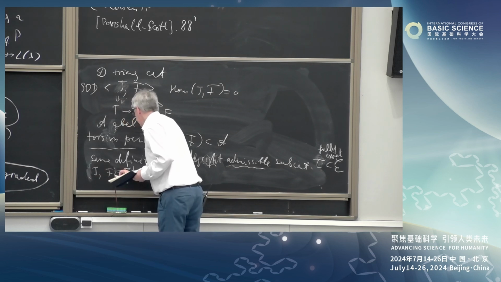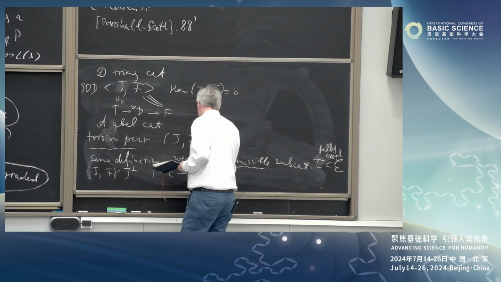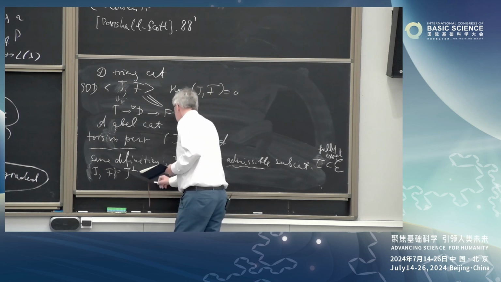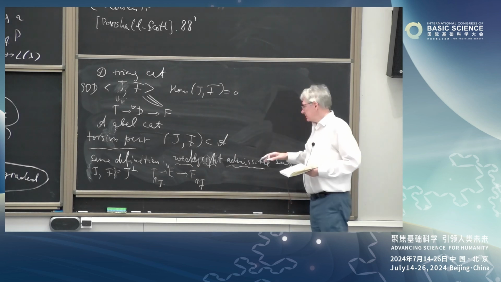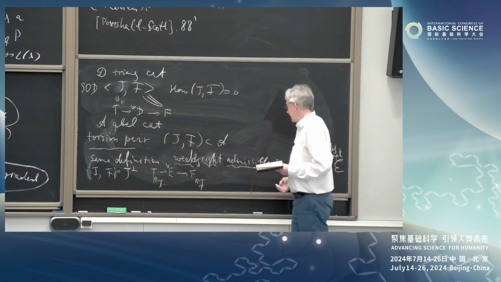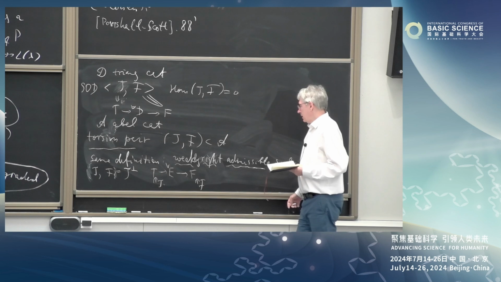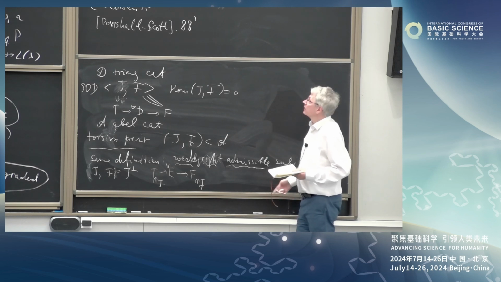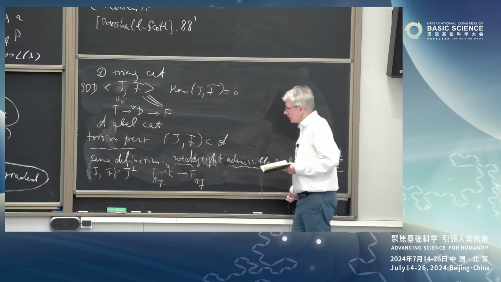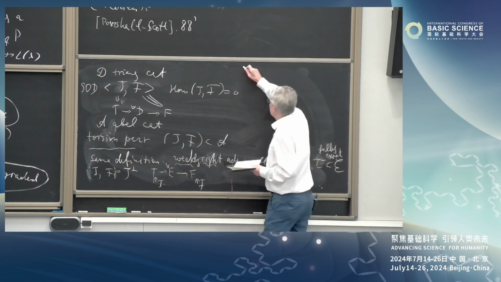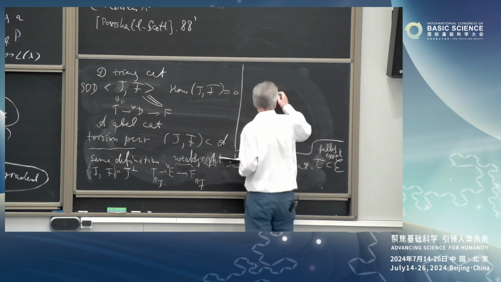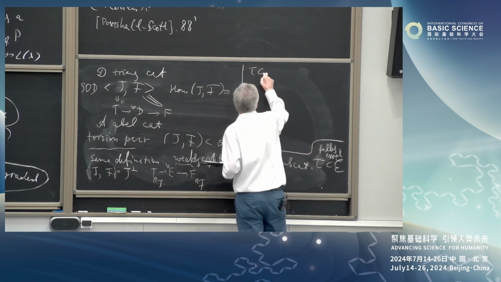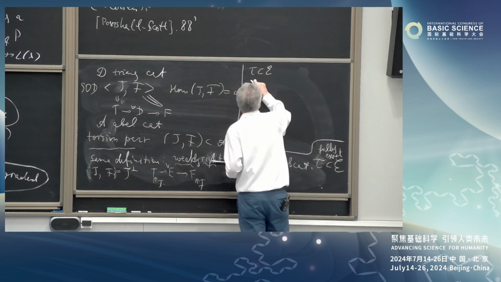So this is the definition of F, this is F and this is T. But as I said, we call it weakly right admissible, because to define highest weight categories I need a stronger definition, and that's what we call just right admissible: T in E, a fully exact subcategory. So right admissible.